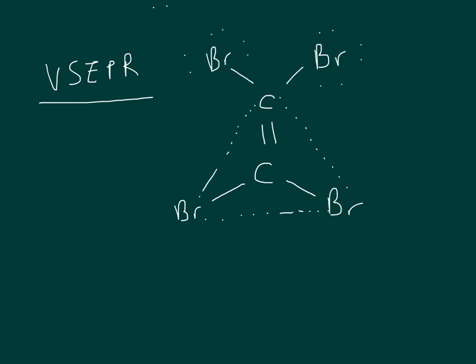A 3 electron group central atom means we have a trigonal planar electron geometry.